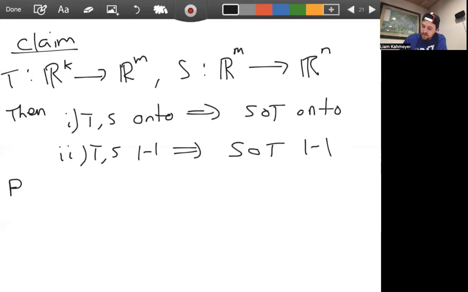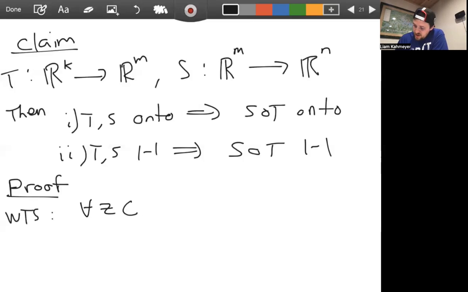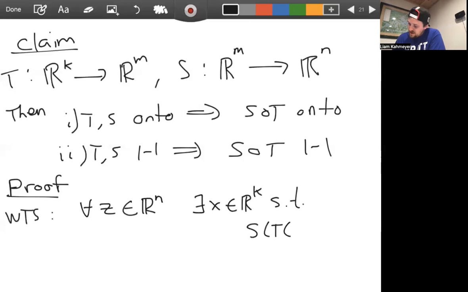Let's prove it. Let's start with the onto case, right? What do we need to show? We want to show that for every point Z in Rn, there exists an X in Rk such that S of T of X equals Z, right?